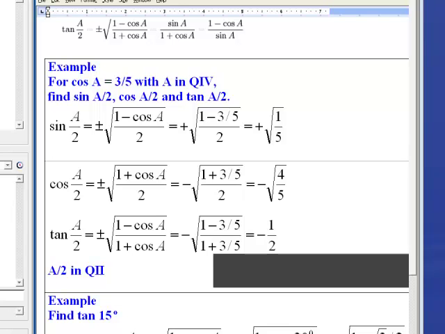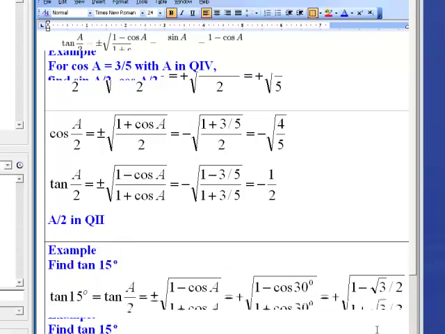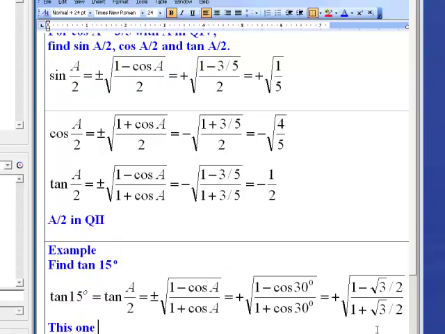It's just it would be very tricky to get rid of all these square roots. So this one looks better. Use the third identity for tangent A over 2. And with that one, I conclude the lecture on the section on half-angle formulas.